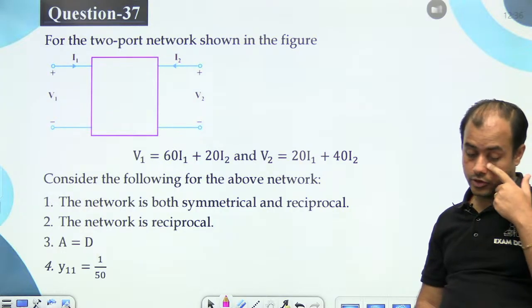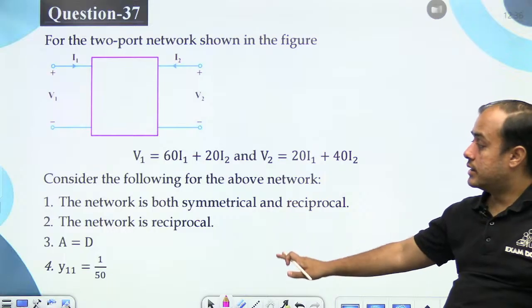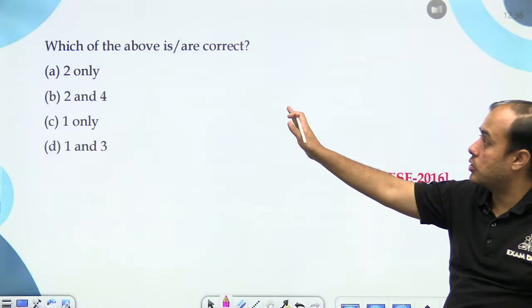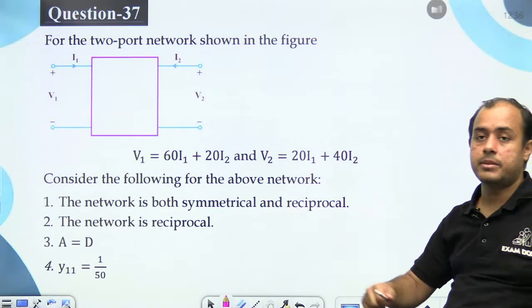Very good. For the two-port network, V1 and V2 equations are given. These are the four statements. Which of the above are correct? ESE 2016. Which of these statements is correct?